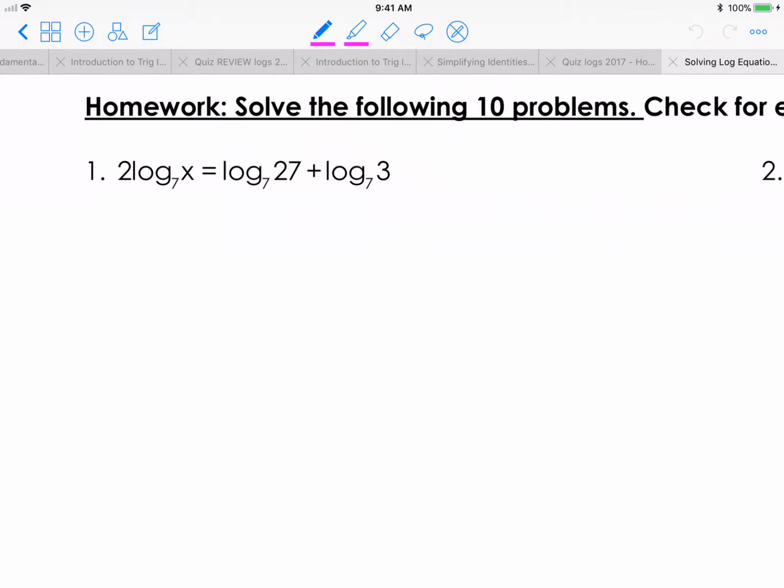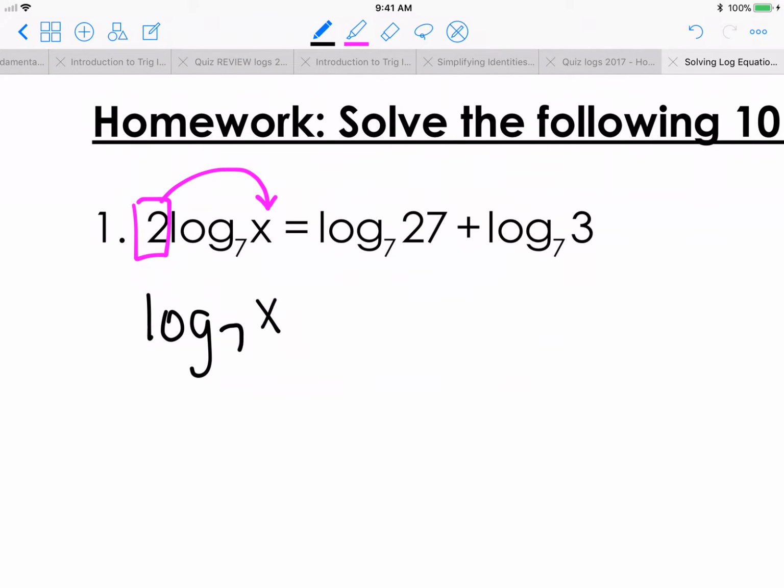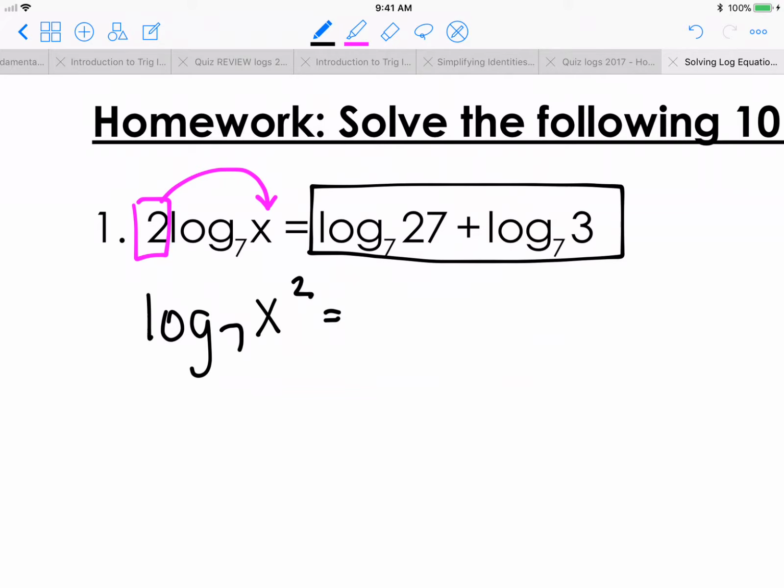So let's do number 1 together. We have this 2. We need to move that. Is there any other exponents that we need to move? Not at this point. So we have log base 7 of x squared is equal to, okay, let's just combine these while we're at it. How can we condense those down to 1 log?